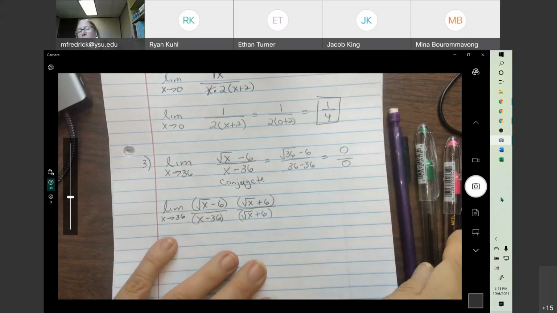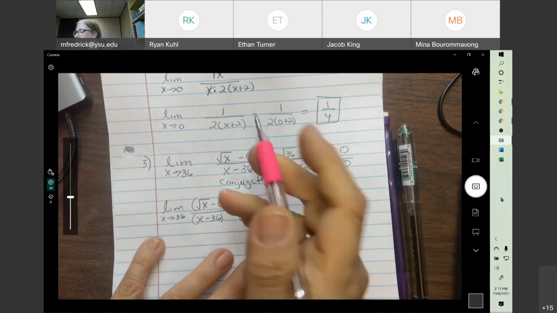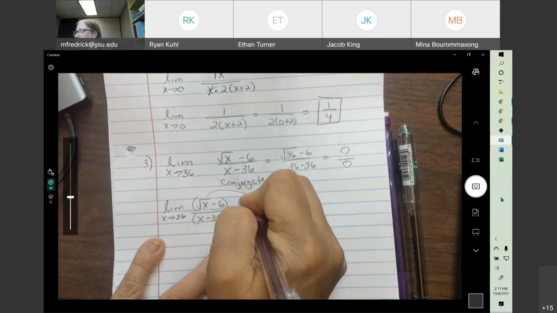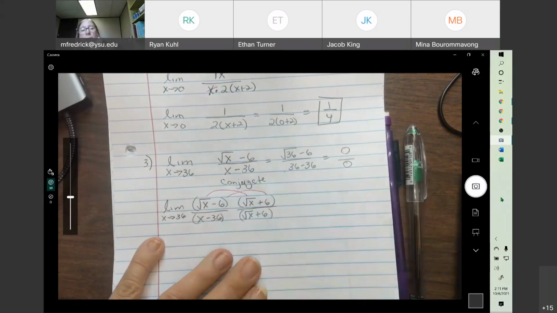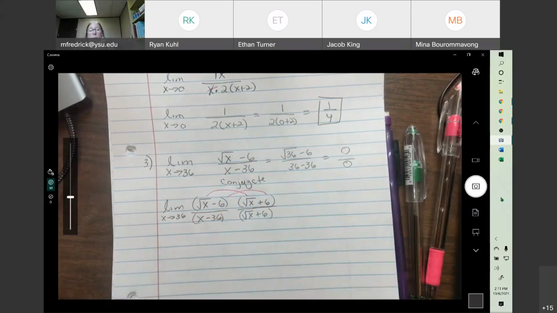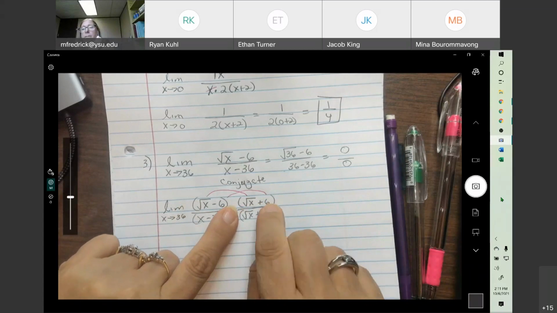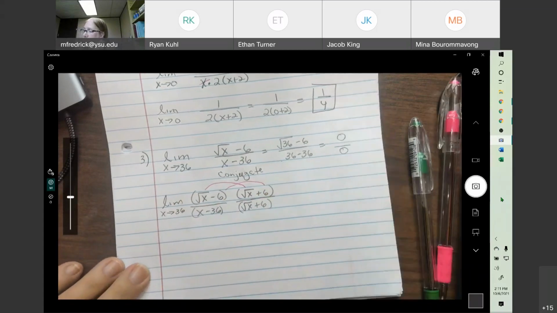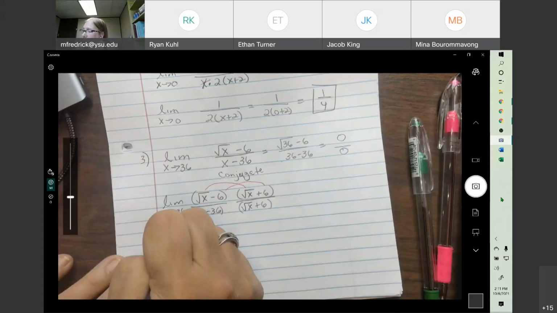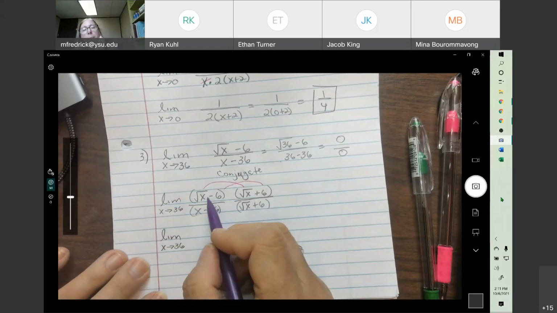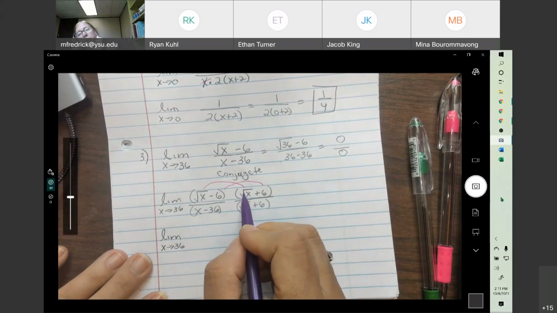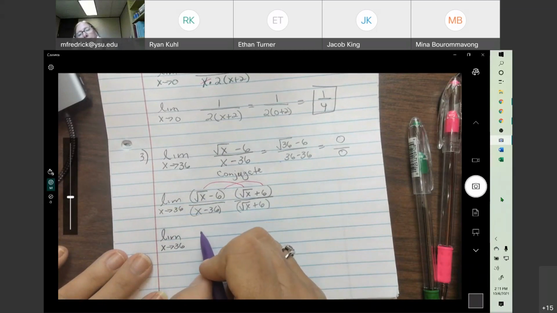The nice thing about the conjugate, you only have to multiply the first two and the last two, because when you're foiling, the outside and inside cancel. So we only need the first two and the last two. And the square root of x times the square root of x is just x.